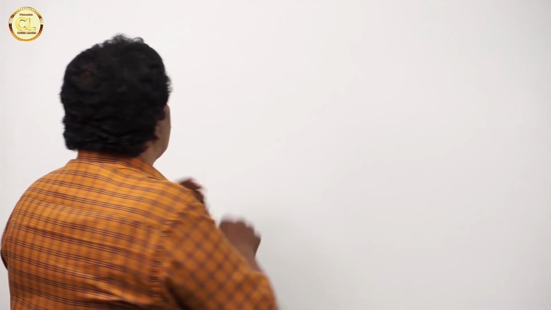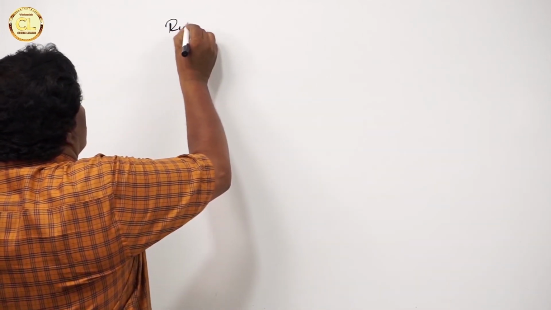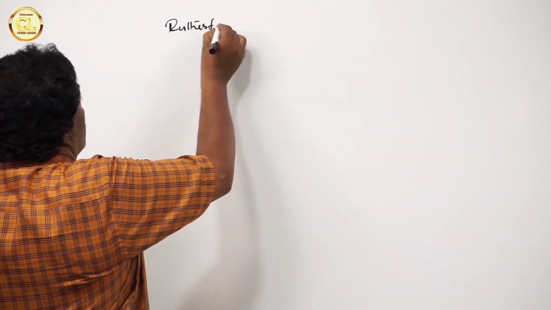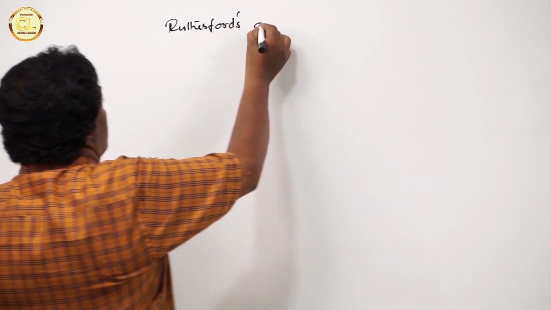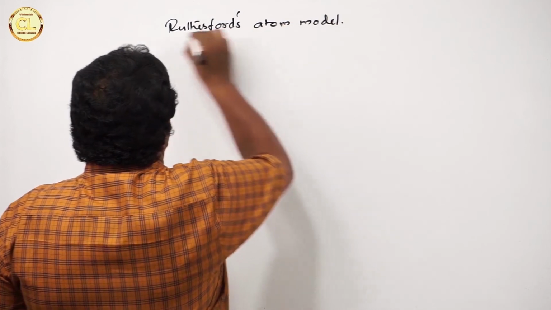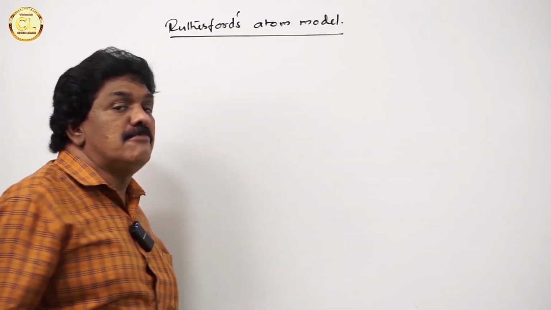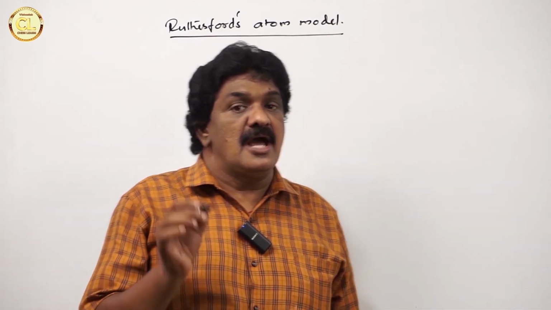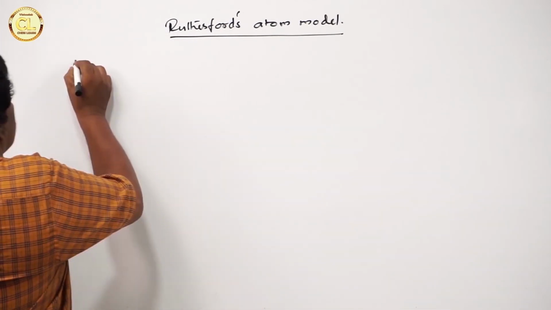Rutherford's atom model. Based on alpha ray scattering experiment, Sir Ernest Rutherford suggested a nuclear model of atom. Important postulates of his model or features of the model are the following. 1.